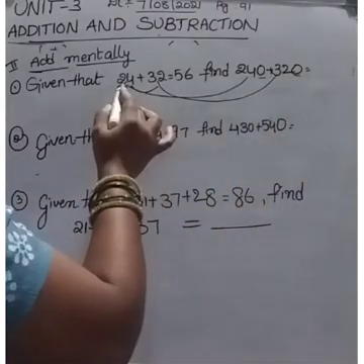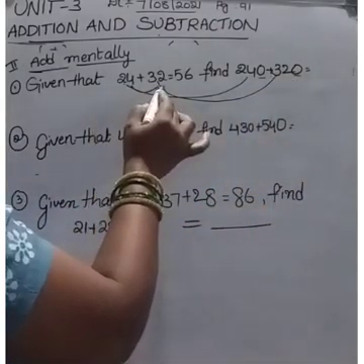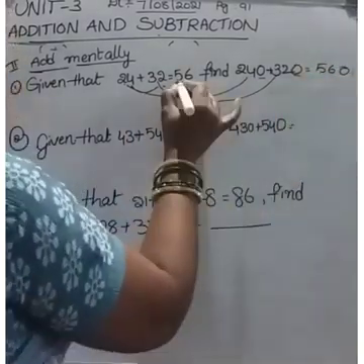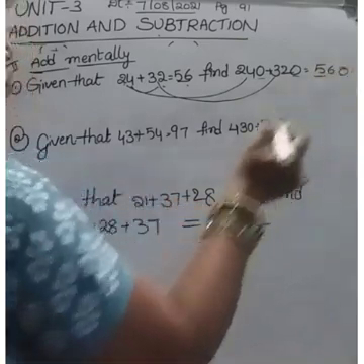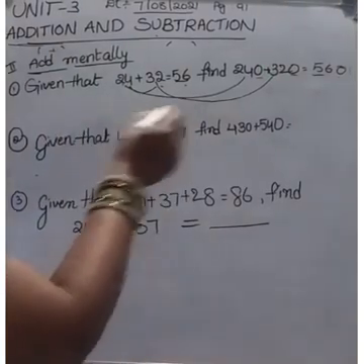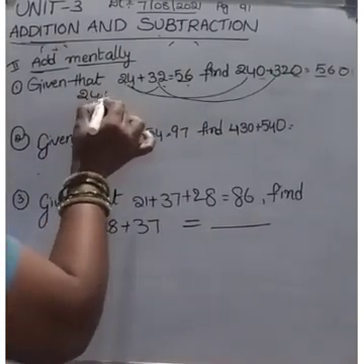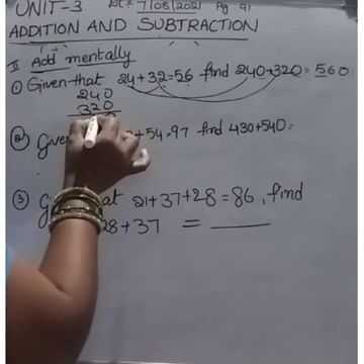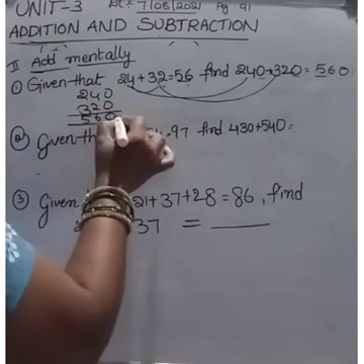So 240 plus 320 is equal to 560. 56 stays the same as it is. Only one 0 exists, we have to add. Is it clear? If you have any doubt, check it now, dears. 240 plus 320, total is 560.